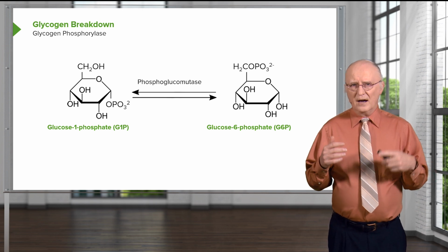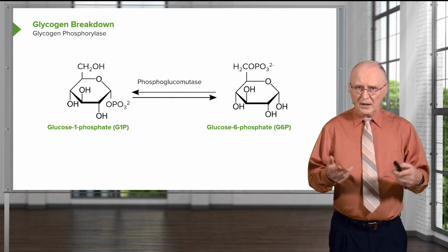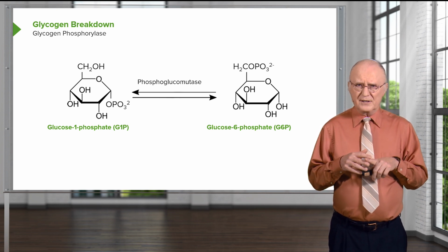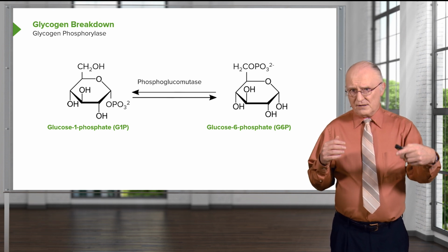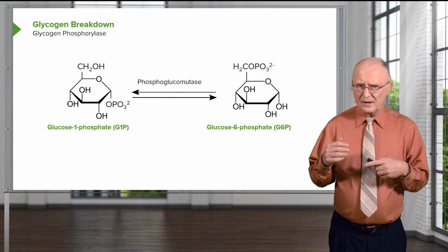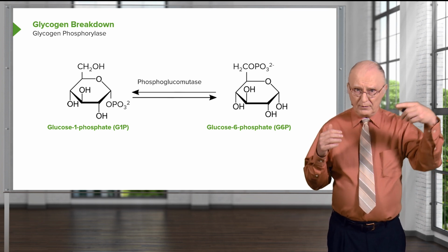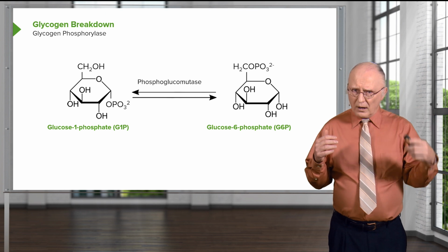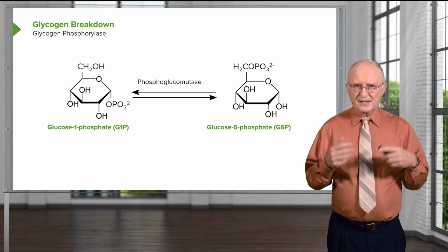And that phosphate got on there not by the use of ATP. If you recall from the glycolysis presentations, hexokinase uses an ATP to put a phosphate onto glucose to make glucose 6-phosphate. Here, this phosphate got put onto the glucose from the glycogen by using a phosphorolysis reaction that did not require ATP. This saves the cell energy.